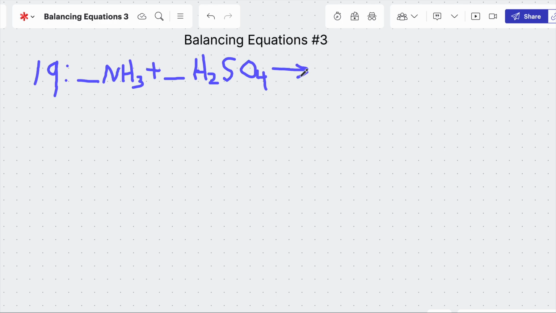Awesome. Makes ammonium sulfate, (NH4)2SO4. NH4 in parentheses, little 2, right? Yep. SO4. Sweet.